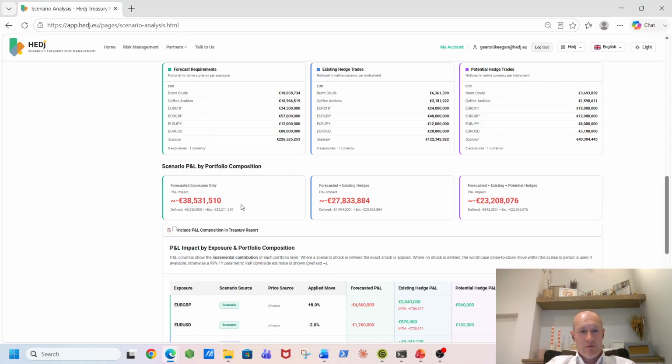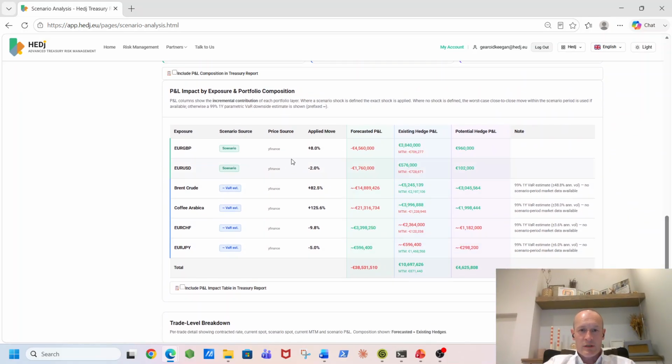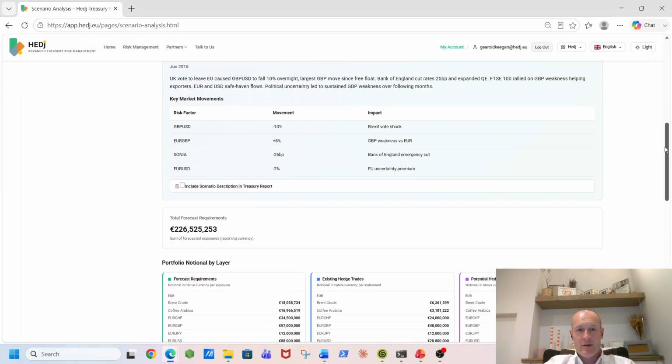In this case, a rerun of Brexit for someone who has quite a lot of sterling exposure, you see the 38 million negative valuation, and again, the risk reduction is less than a third now, only about a quarter. So again, have you fully hedged the right exposures? And there is a breakdown by exposure, so you can see where the real risks are.